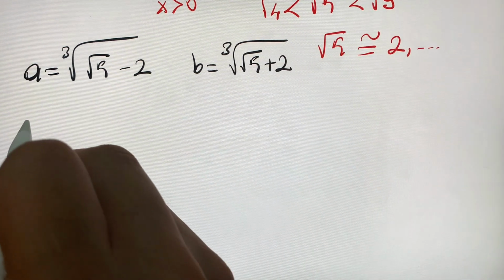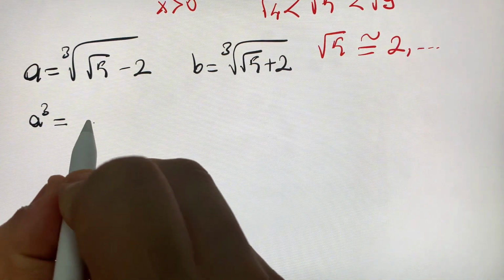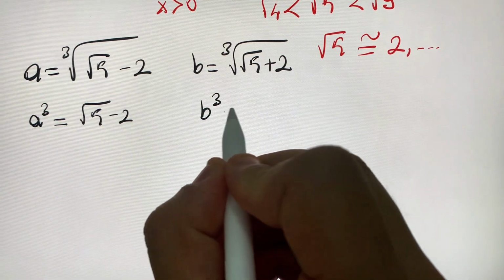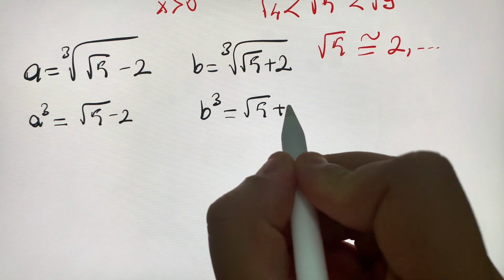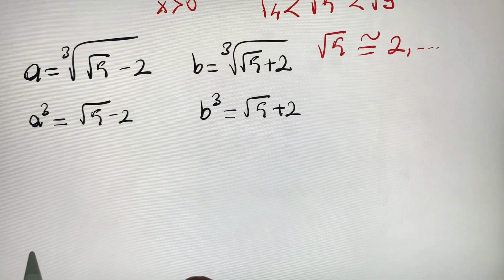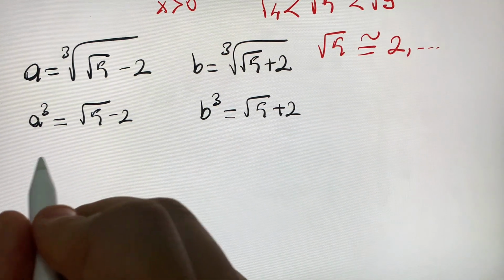If we continue, what happens to the expression we call a cubed? Root 5 minus 2. And b cubed is root 5 plus 2. Later, if we think about what we can do, let's take a cubed minus b cubed.